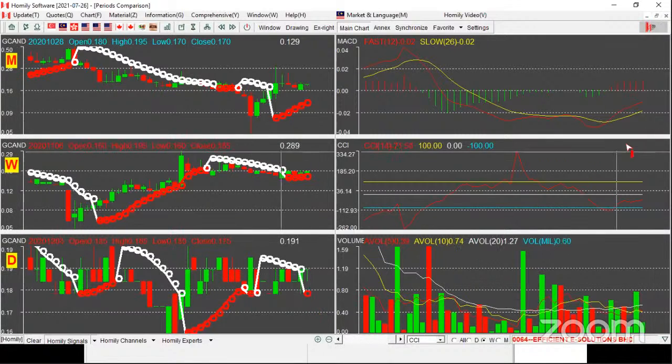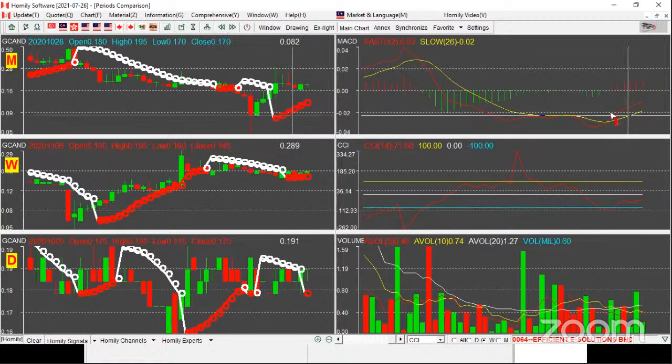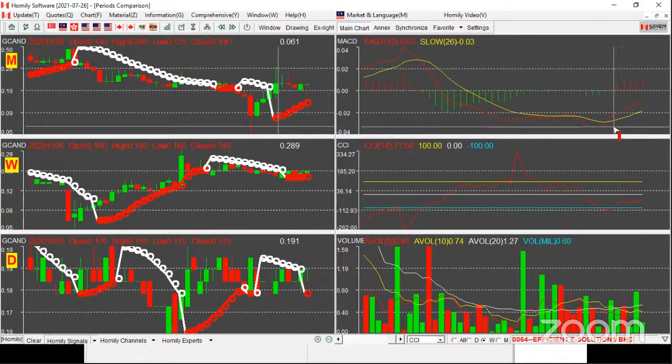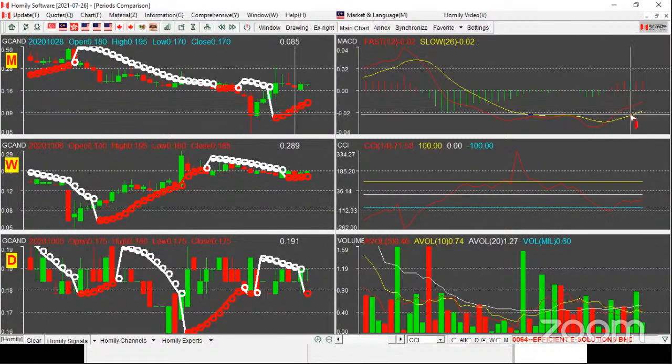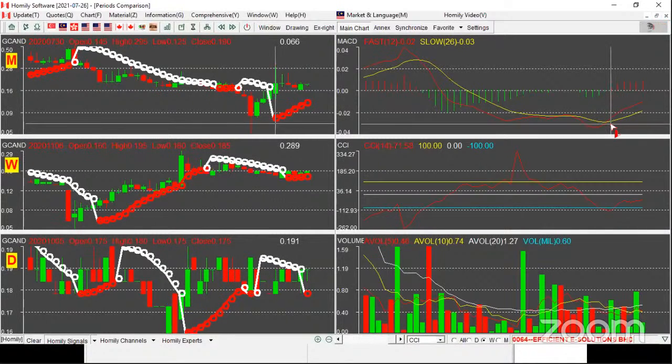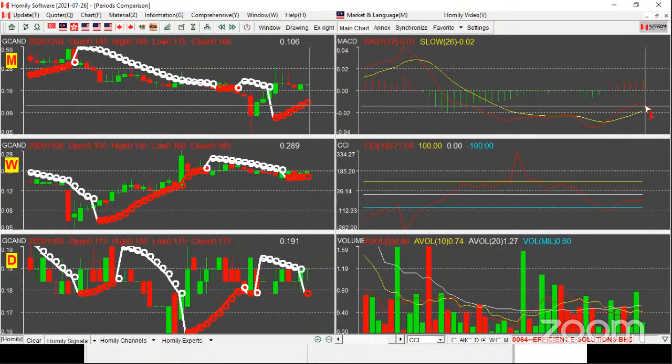So let's analyze this share. Okay, first of all, we see monthly chart is in the bullish pattern, right? Because the fast line is above the slow line, and also those two lines are upward. So it is a so-called bullish pattern based on MACD.